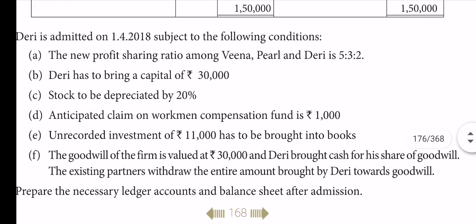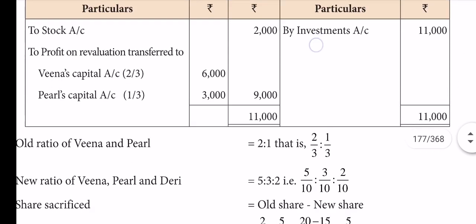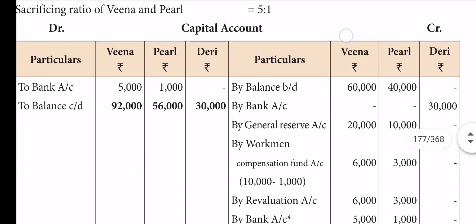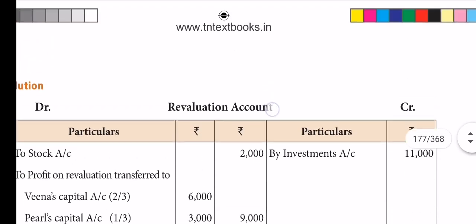By workmen compensation fund, 10 minus 1 is shared in the old ratio 2:1, so 6,000 for the first partner and 3,000 for the second partner. Then these balance sheet items are posted.